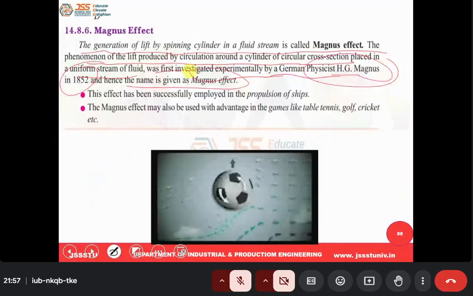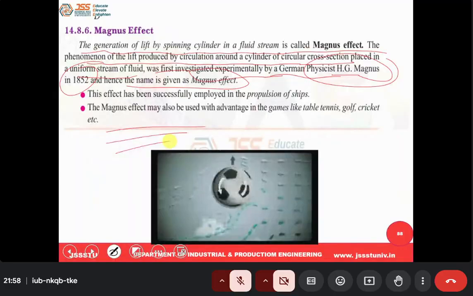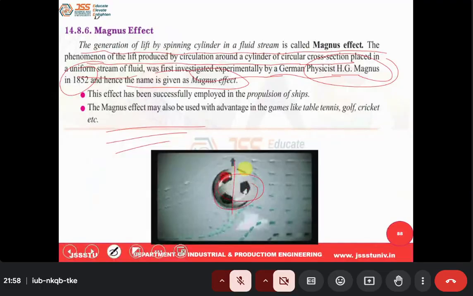So you can see the picture here, an animation. What happens if air, or any fluid, is flowing and you put an object in it which is going to rotate? Along with its rotation, friction is developed and it is going to lift. You can observe that image clearly.